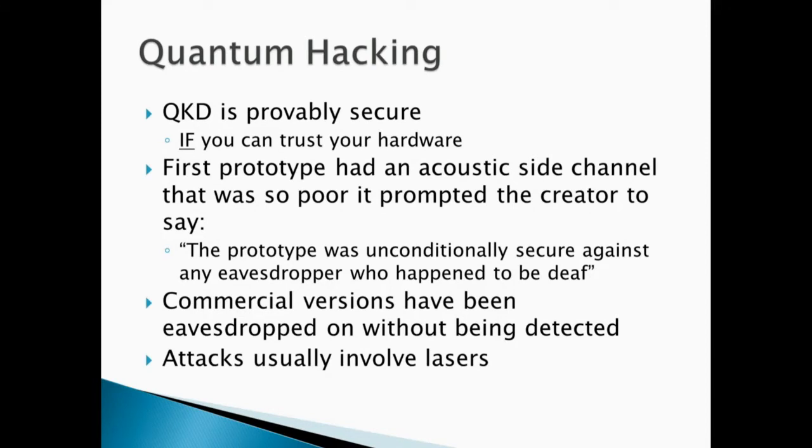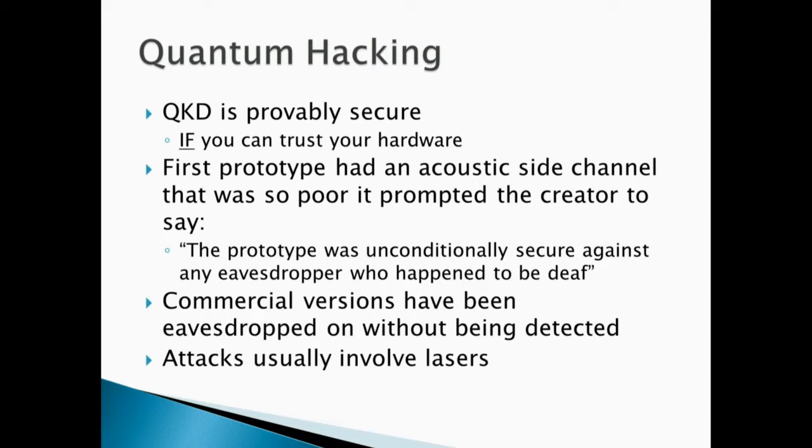So there are security proofs for quantum key distribution schemes out there that say this is secure. The problem is that they make assumptions. Some people misinterpret this to think that quantum key distribution is unconditionally secure. But if you've been listening to this talk at all, you know that your hardware can't necessarily be trusted.